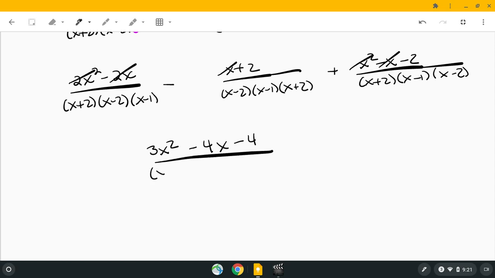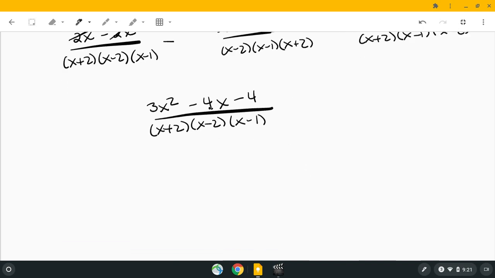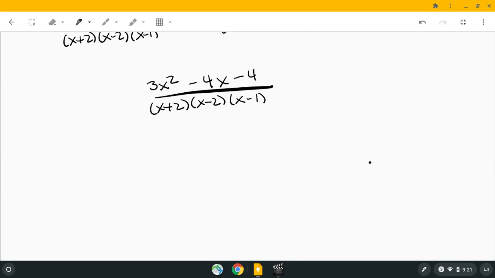Okay, and x plus 2, x minus 2, x minus 1. And then we want to factor this out to see if anything cancels down here. So we may or may not be done. Okay, so let's see. 3x times x. Signs have to be different.